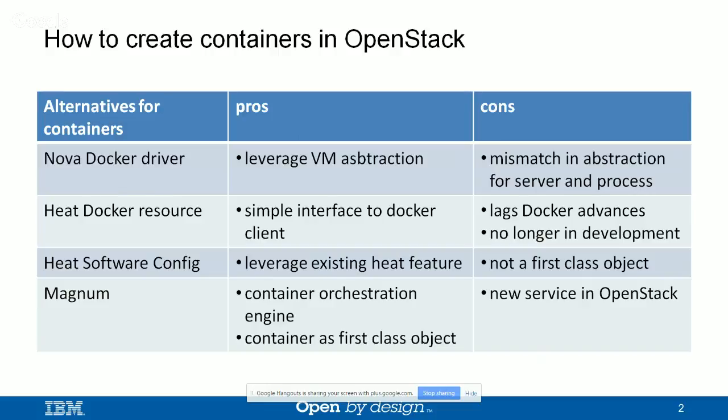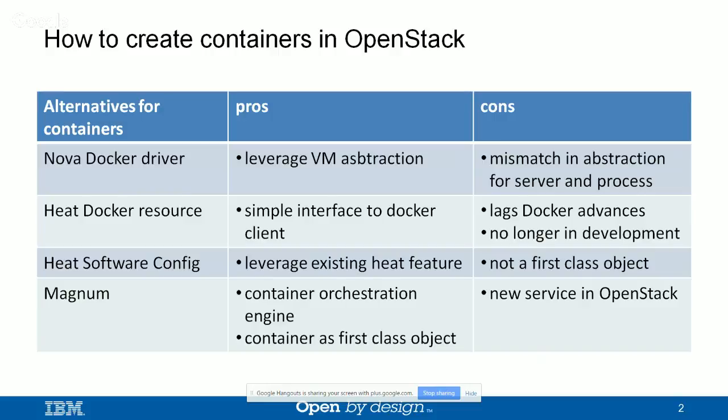I'll start by giving some background. The first question is, what is Magnum? Magnum is container as a service in OpenStack. To start, we can ask how you can create a container in OpenStack, and it turns out there are a number of ways.